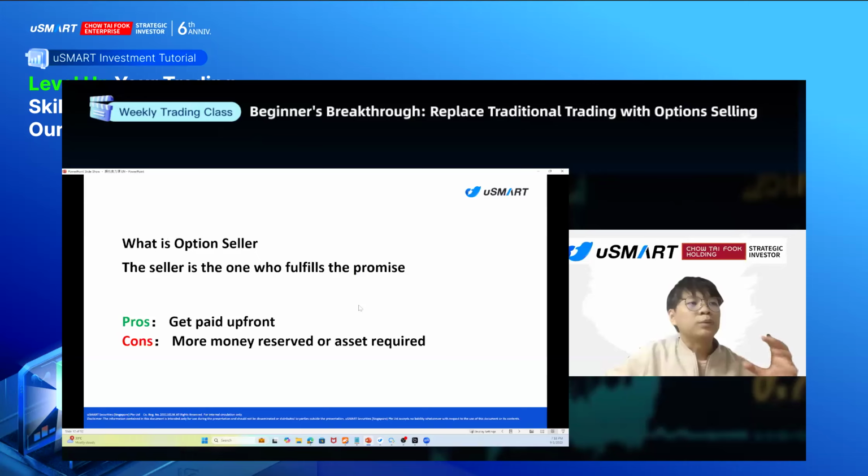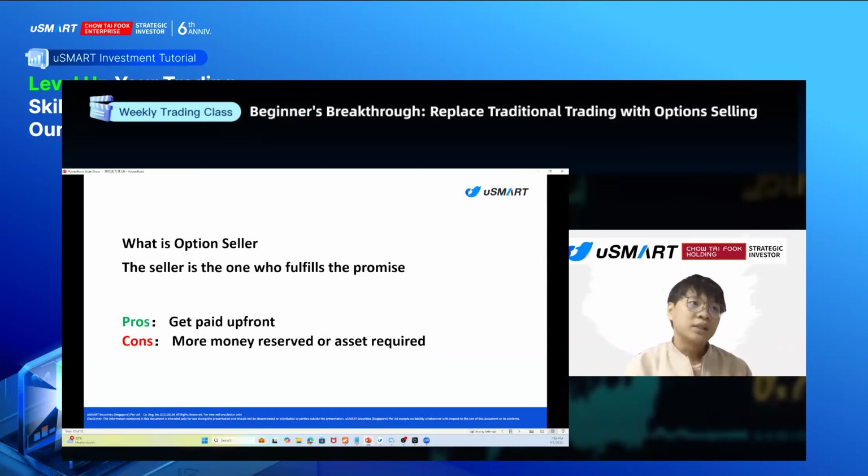So what is an option seller? The seller is actually the one who fulfills the promise. So the pro is to get paid upfront. When you are the option seller, the second that you place the order and sell the options, you will get paid immediately. And then the con is you will need more money reserved or more assets required.